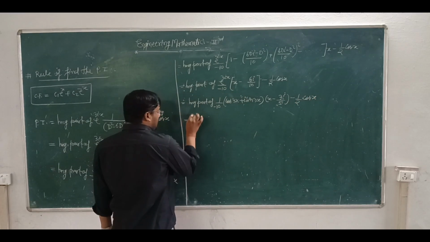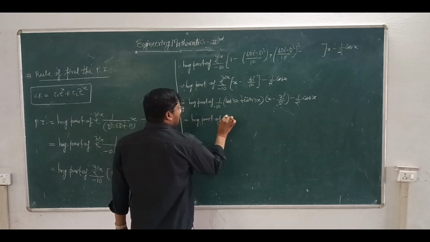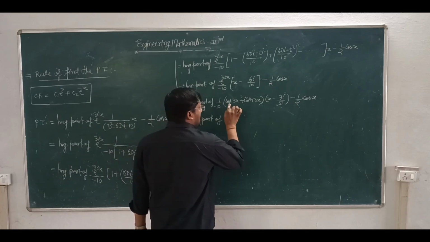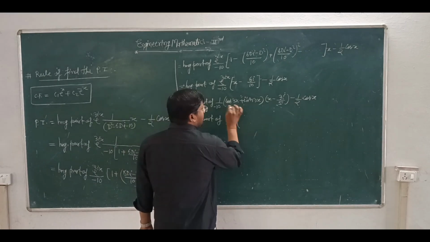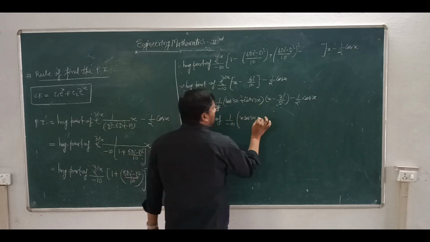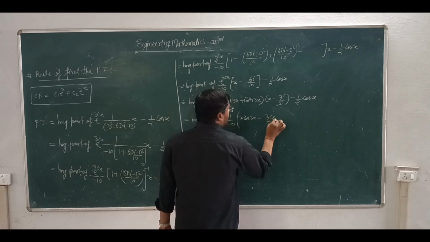Now you can write imaginary part of 1 upon minus 10. You can multiply this function. You can write x cos 3x minus 3i upon 5 cos 3x.